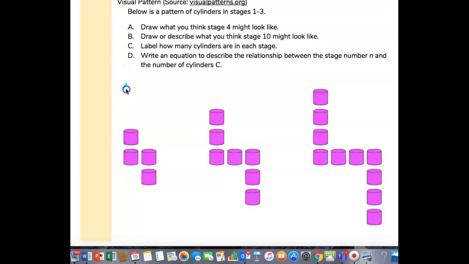Stages 1, 2, and 3. All right. Draw or describe what you think stage 10 might look like. Label how many cylinders are in each stage. Well, first off, it said draw what you think stage 4 might look like. Then 10, then, okay, label them. Write an equation. Okay, we've done this kind of work before.